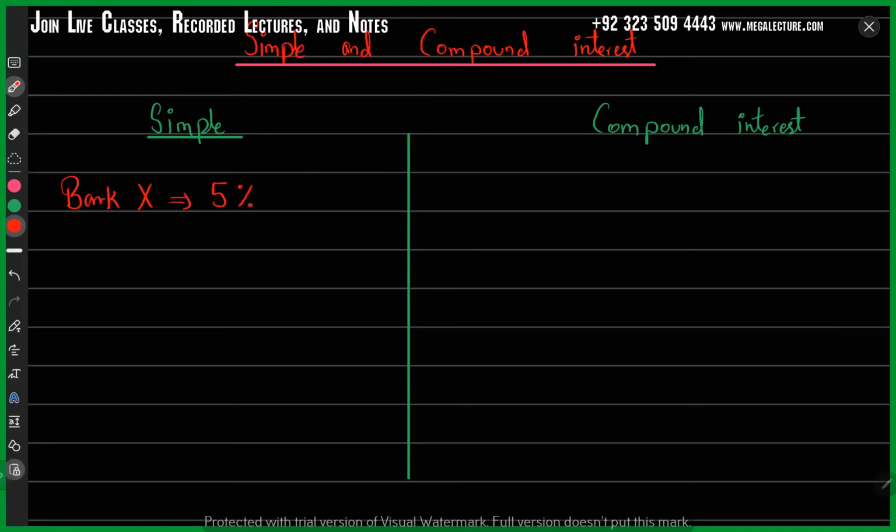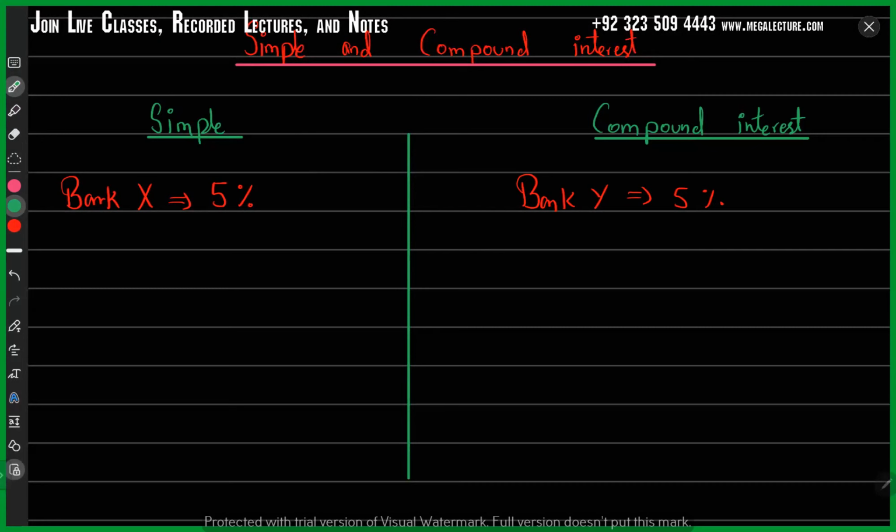And this is bank Y, and bank Y is offering again 5% interest. But what is the difference? We have simple and compound interest, and we need to differentiate. Let's talk about simple interest only.